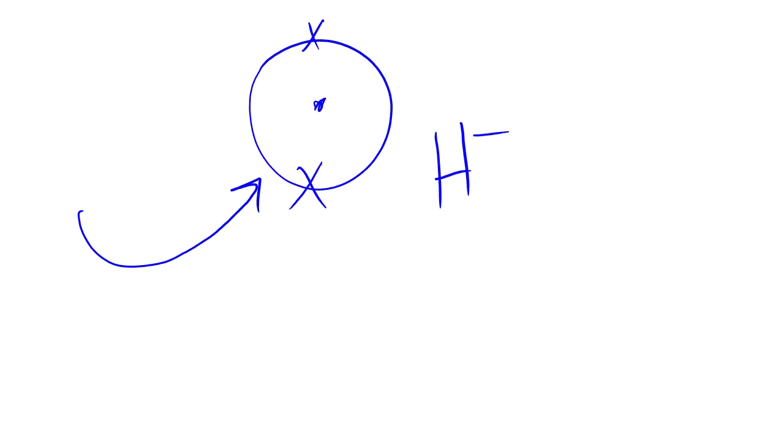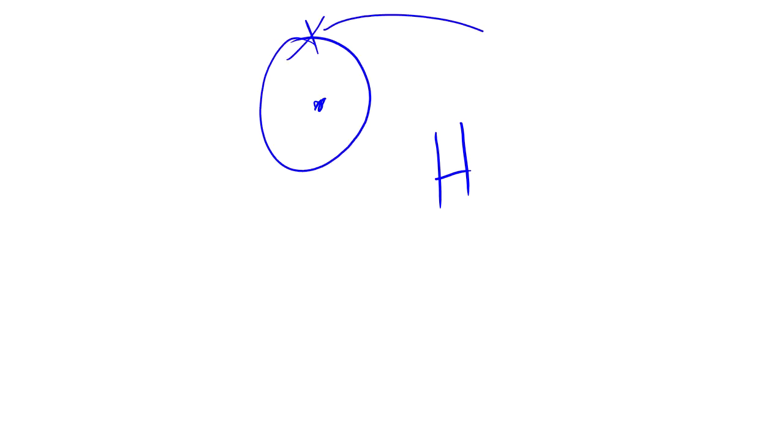So ion just means that there is an imbalance of charge between the nucleus and the shells. Next is when this hydrogen loses the electron entirely. This is the electron.